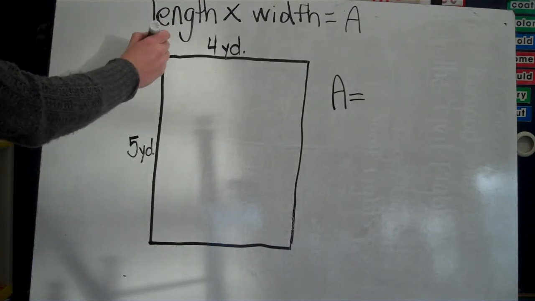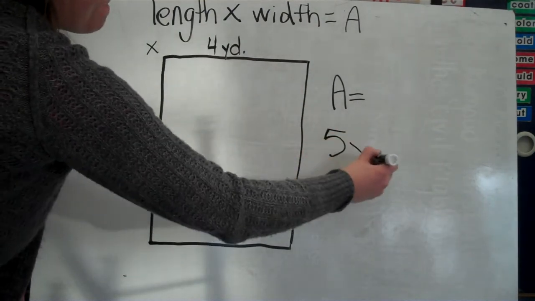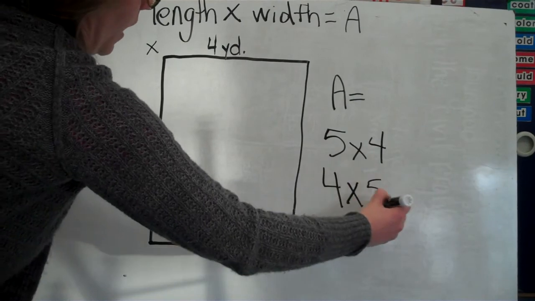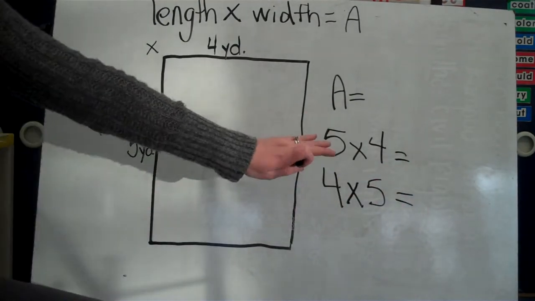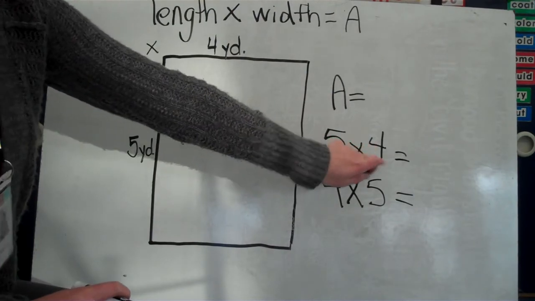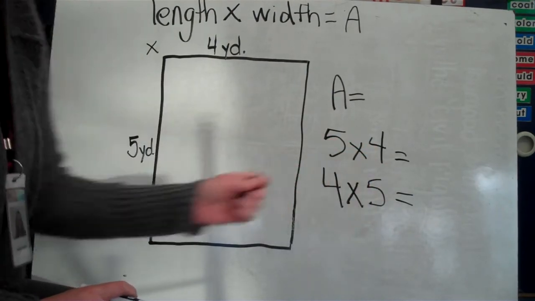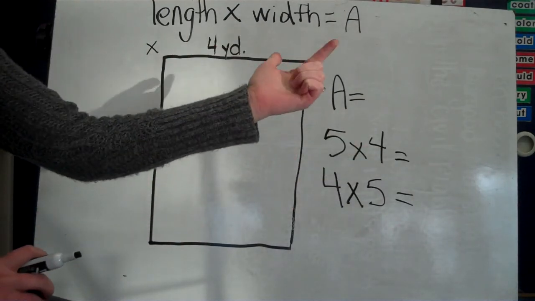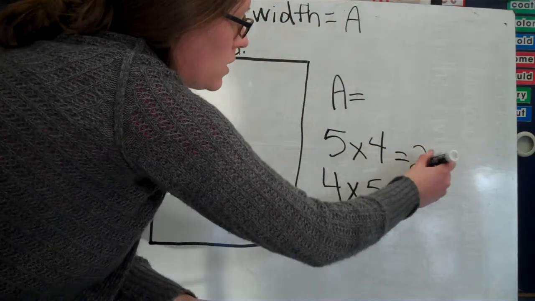I know that I can multiply 5 times 4. Or 4 times 5. I get the same answer. This is 5 equal groups of 4, or 4 equal groups of 5. I can count by 5s 4 times. 5, 10, 15, 20. I get 20.